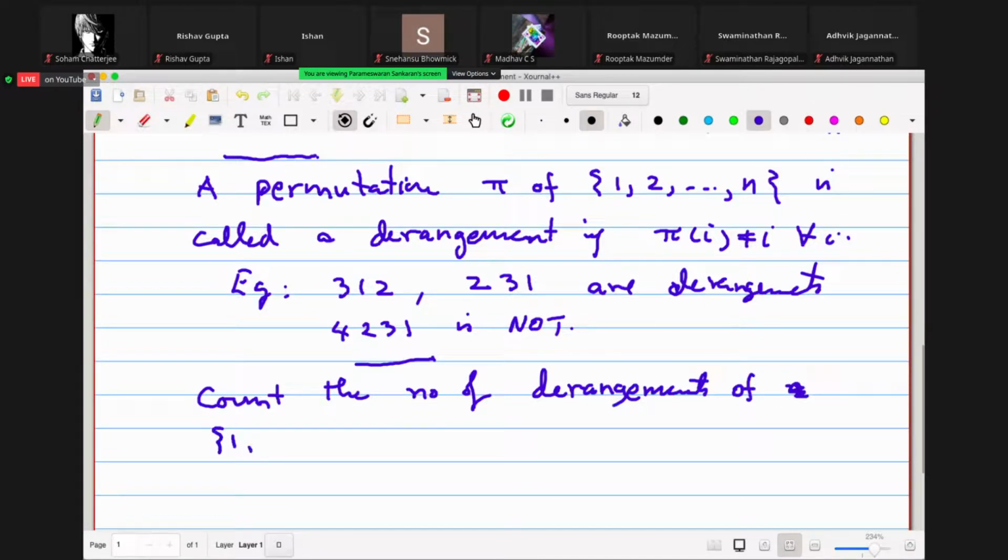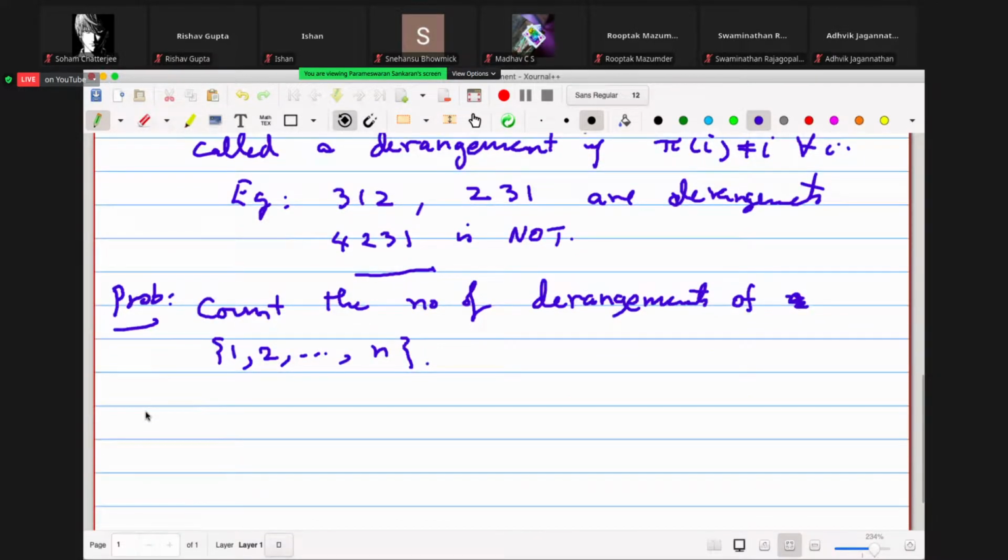So this is the problem. It's a purely combinatorial problem. You can use the inclusion exclusion principle and count it, and that's exactly what we are going to do.